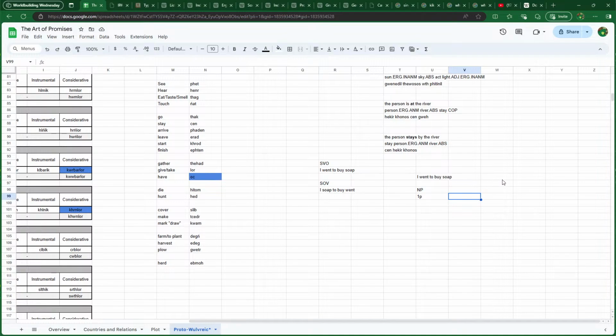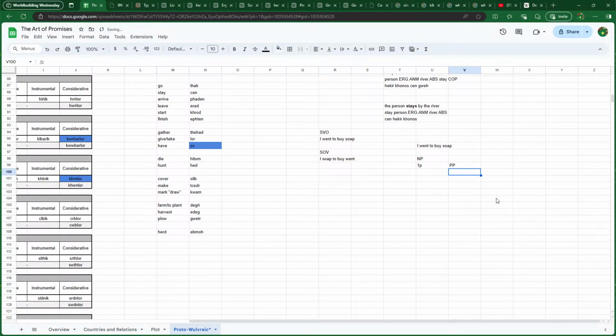That's a prepositional phrase, right? So we have a verb phrase that is went, and the actual preposition, which is to.